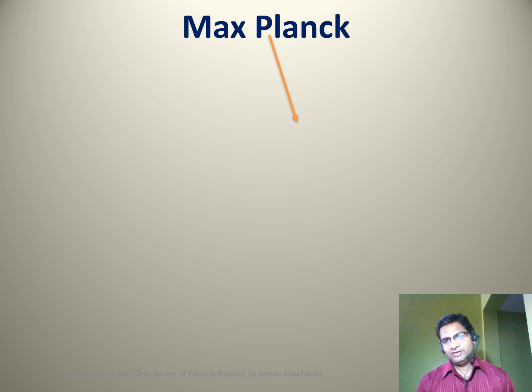And we know that Einstein took the help of this quantum theory of radiation given by Max Planck and explained the photoelectric effect and received the Nobel Prize. So here let us see the Max Planck and Einstein relation.